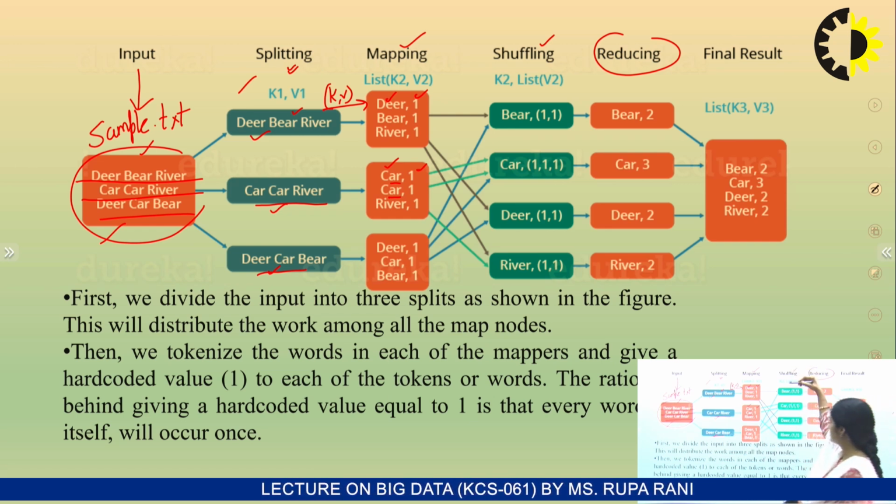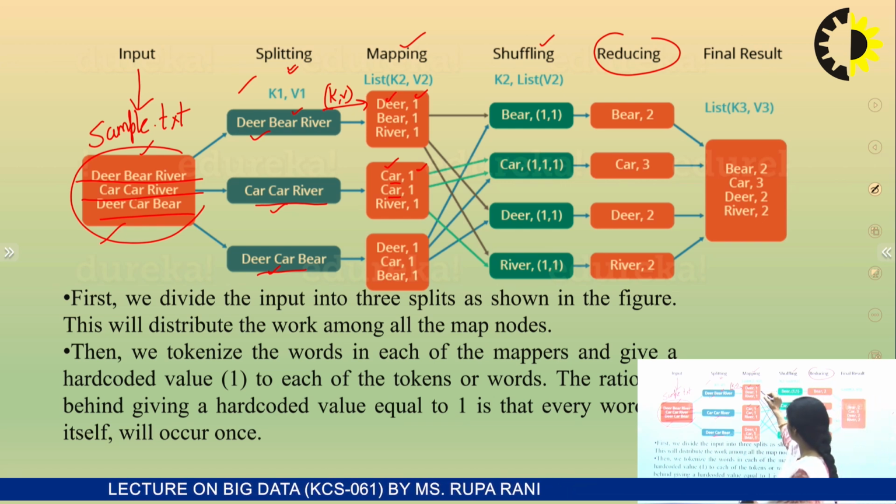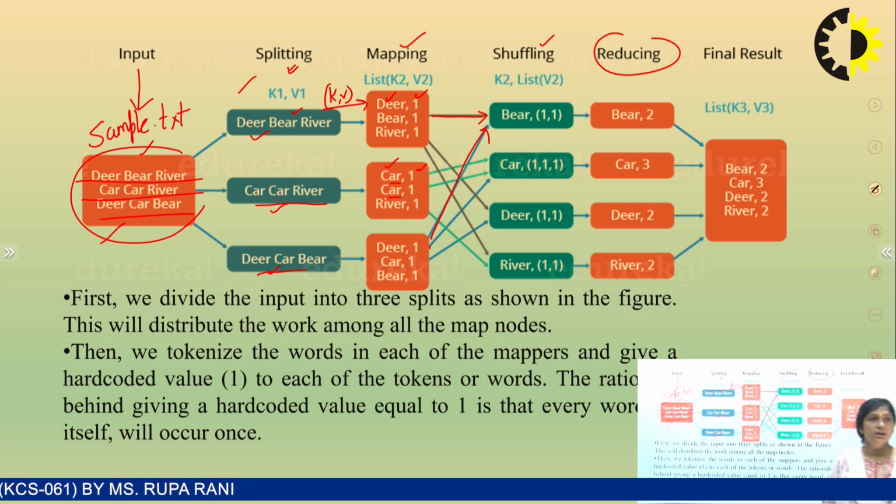In the shuffling phase, what we are doing? We are taking like this beer. In another term, this one beer. We will check the key. This is repeating multiple times in the different blocks.